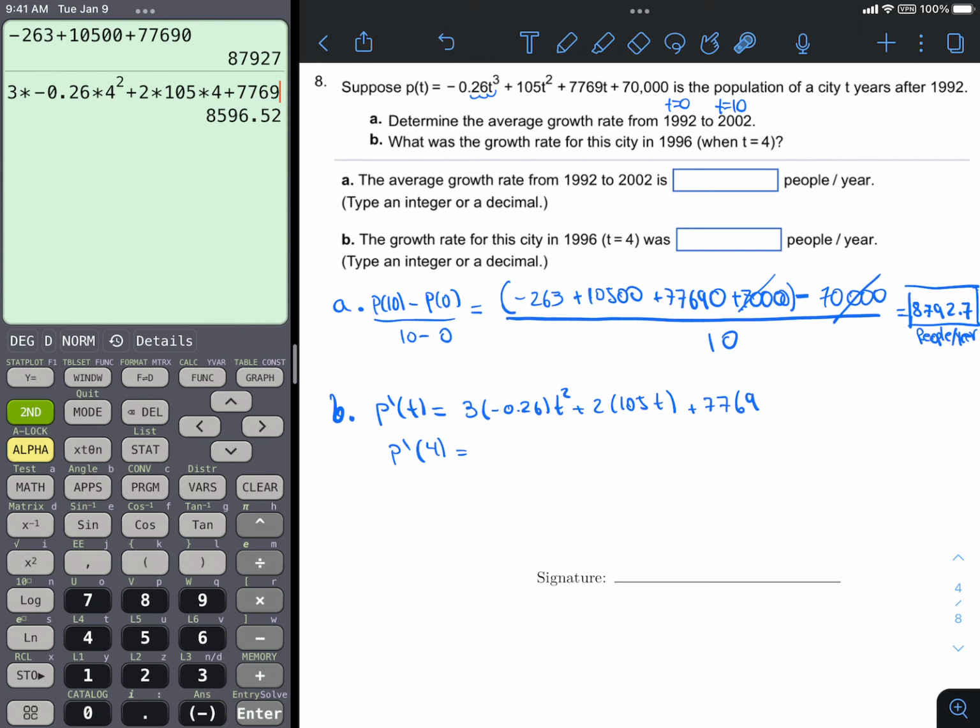We're not rounding, so we're just getting the exact answer. That's 8596.52 people per year.